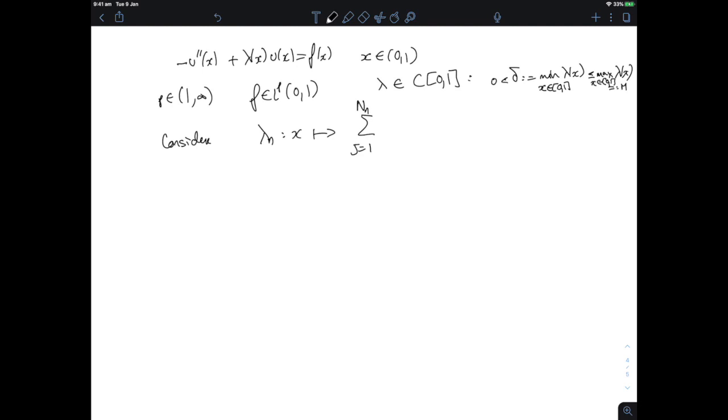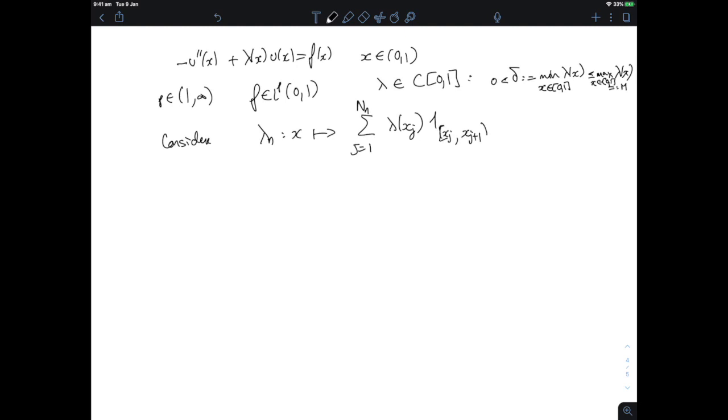Let's take an approximation by lambda of xj times the indicator function of xj plus 1. Let's maybe close it on one side.